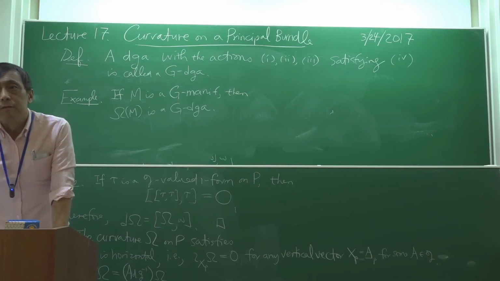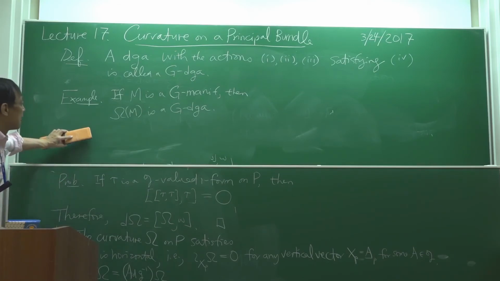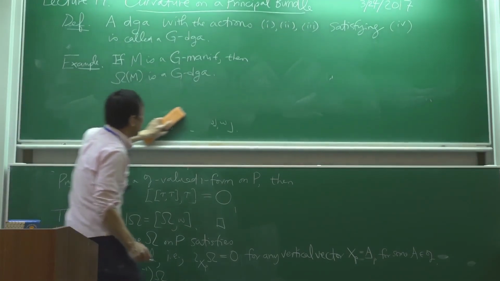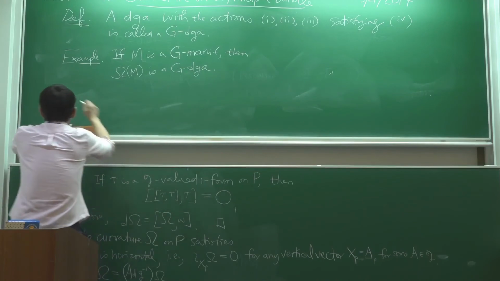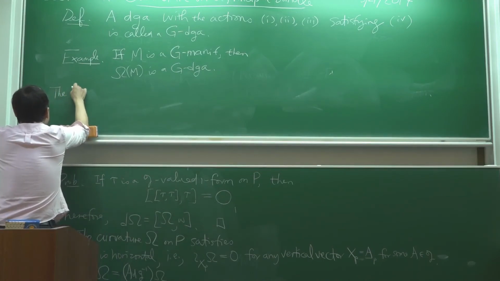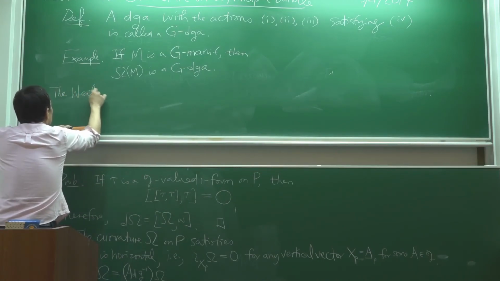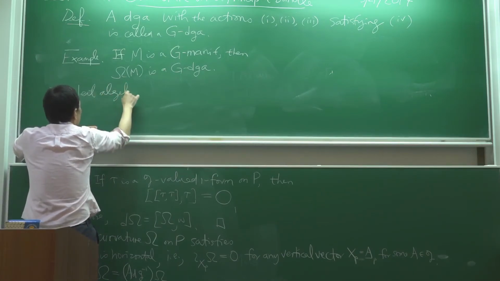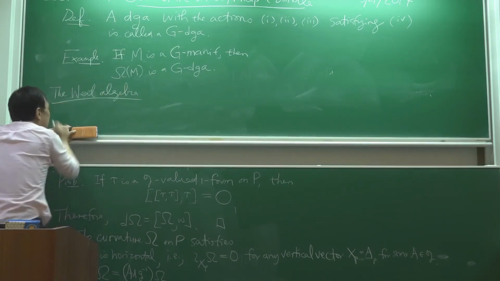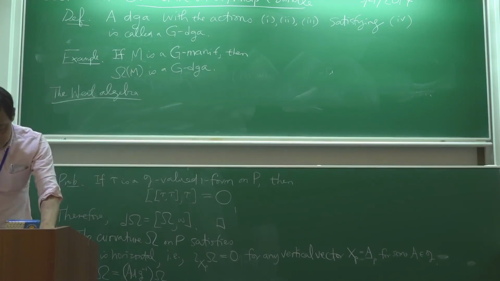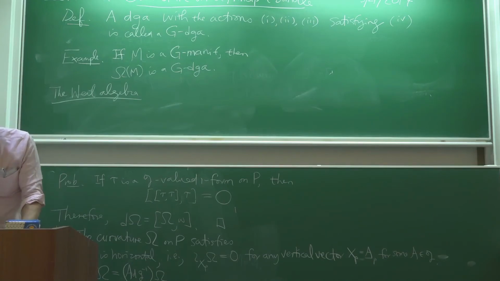I want to give you another example, and it's called the Weil algebra. Now the Weil algebra is constructed out of the Lie algebra.